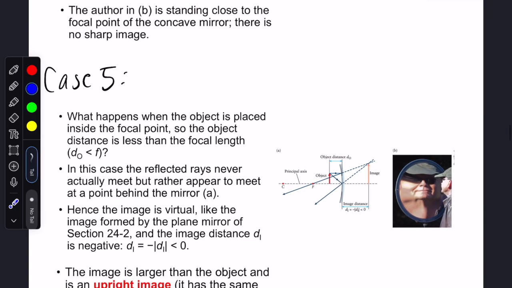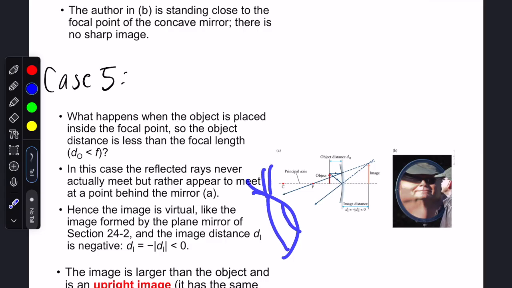Now, when we bring our face or we place the object between the focal point and the concave mirror, we finally see ourselves upright and we see ourselves magnified, which is the purpose of the concave mirror. And this is because when we draw our principal rays, the light rays, again, they don't converge on the real side, but because they're not perfectly parallel, they do converge back here when we trace our virtual rays back, because our eyes are going to be over here looking, right?